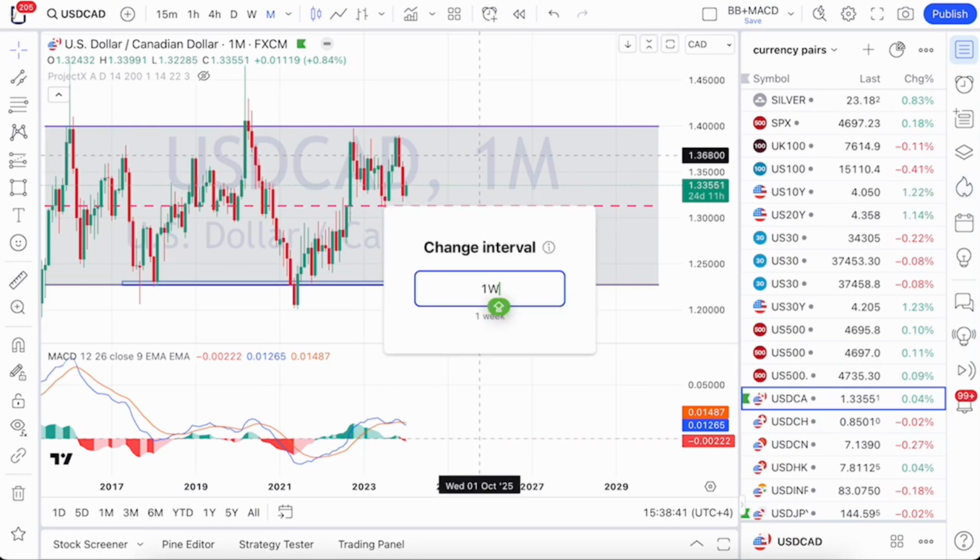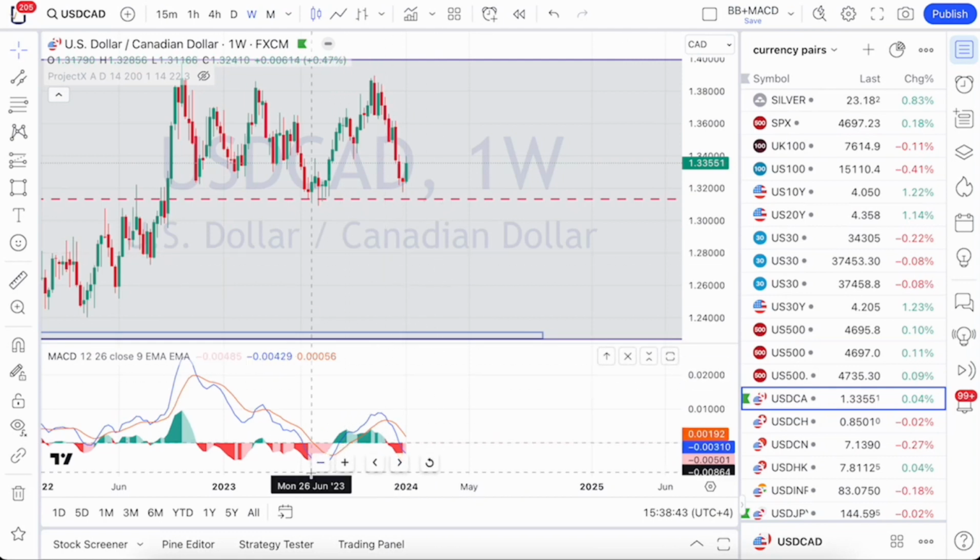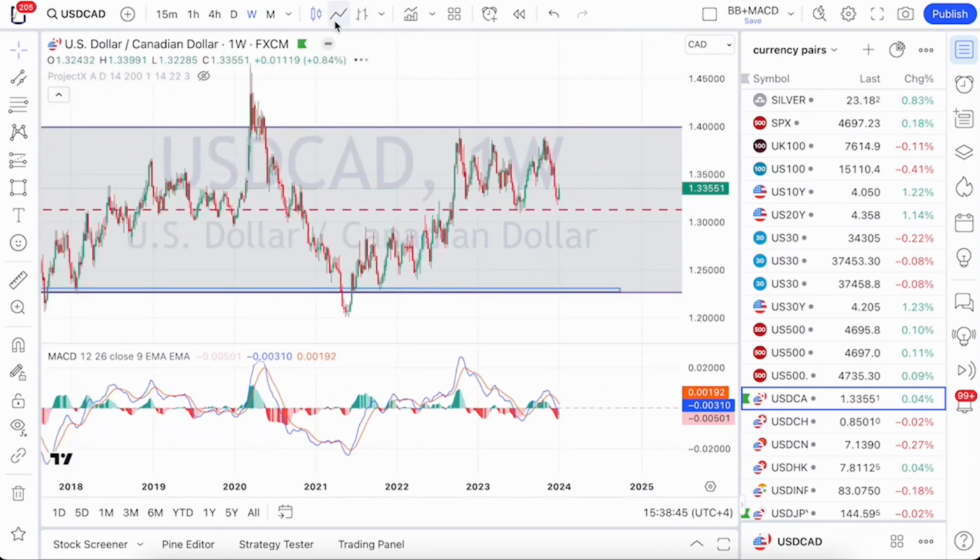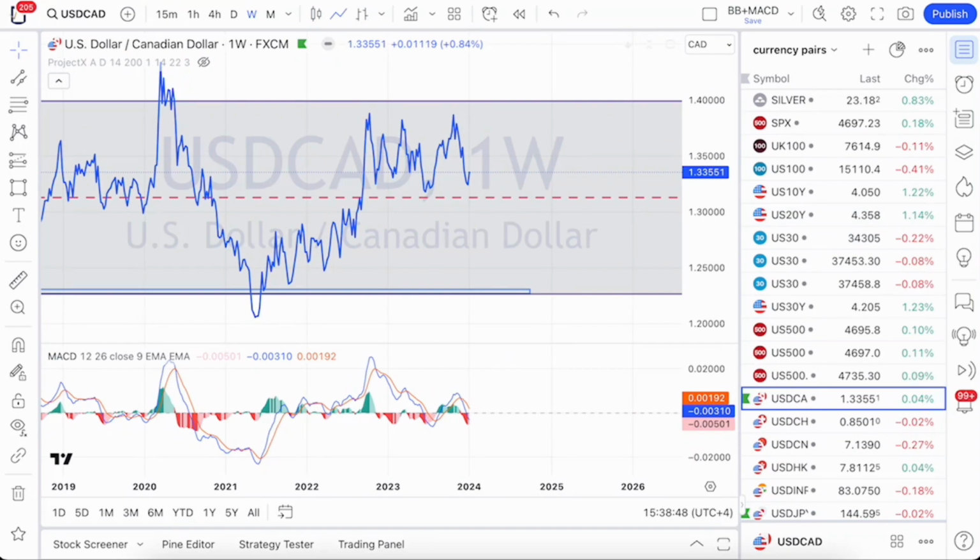And let's mark weekly here. Let's understand the price pattern on the weekly chart. So on the weekly chart, we have a low, higher low, higher low, higher low, higher low. Then we have higher low broken, and we have high, higher high, higher high, and higher high.